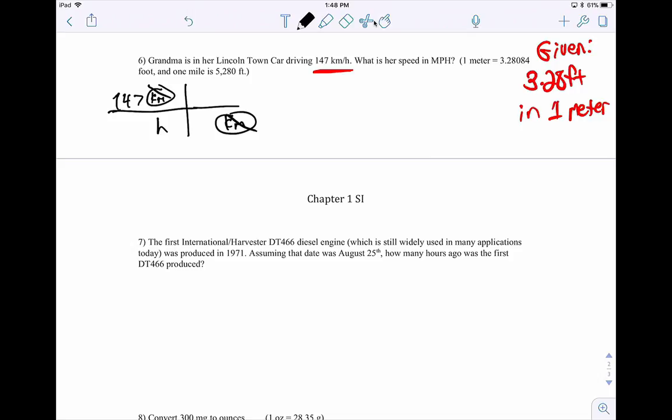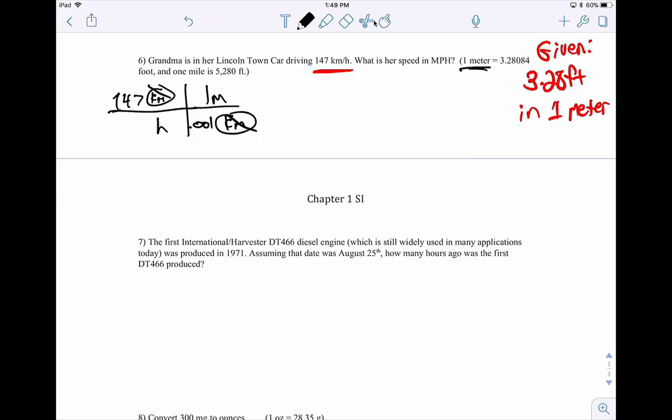Notice that the problem gives you meters and then feet. So you know you need to convert kilometers to meters. It's very simple to do. You should have this memorized; your textbook, I guarantee you, has a table. 1 meter is equal to 0.001 kilometers. So now we're out of kilometers and we're in meters.